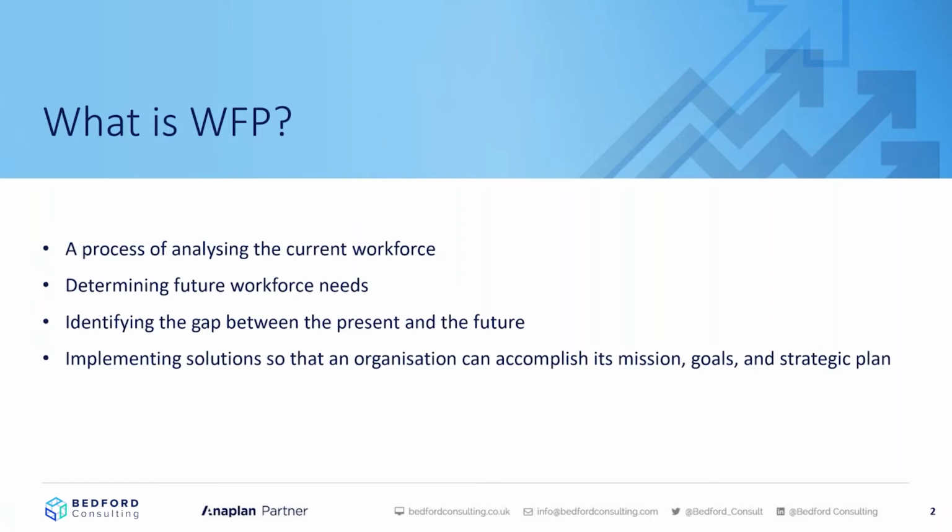Determining future workforce needs, so looking at the requirements and requisitions that will be in place for the future, that target goal, if you like, the strategic planning, and then of course identifying the gap between where you are now in that current workforce and the needs that you're going to have in the future. Finally, it's implementing solutions so that an organization can accomplish its mission, goals, and strategic plan.